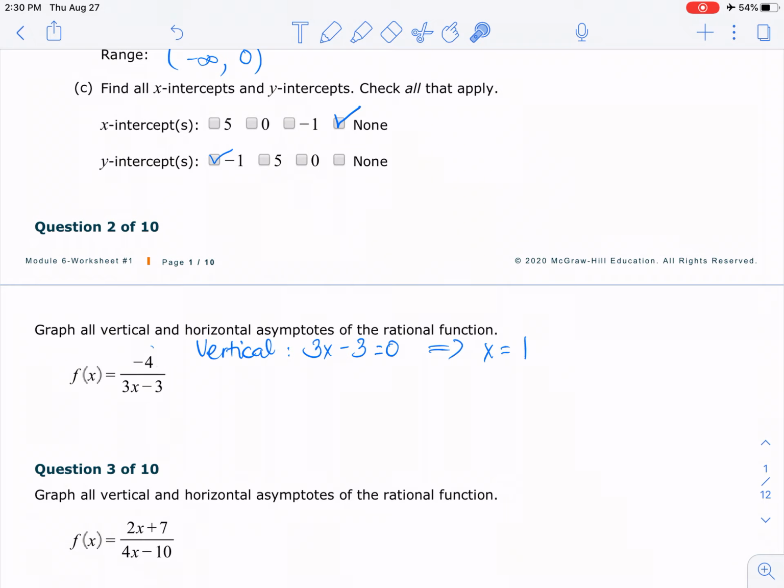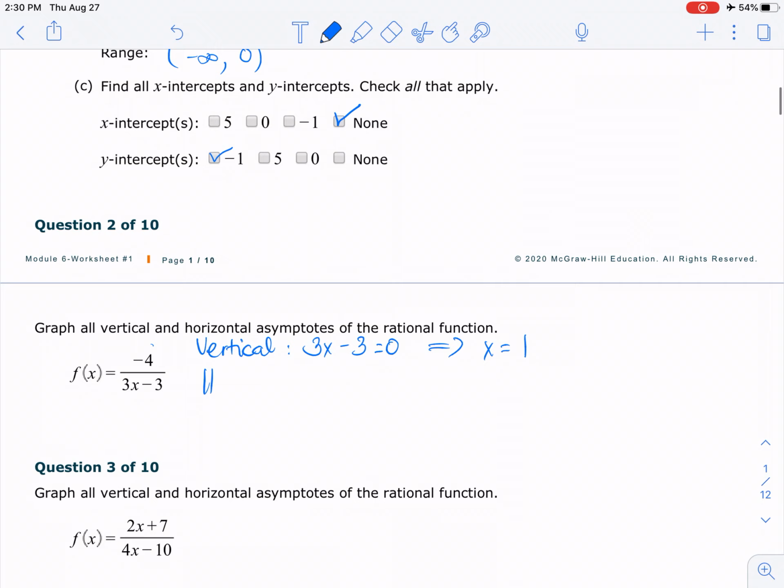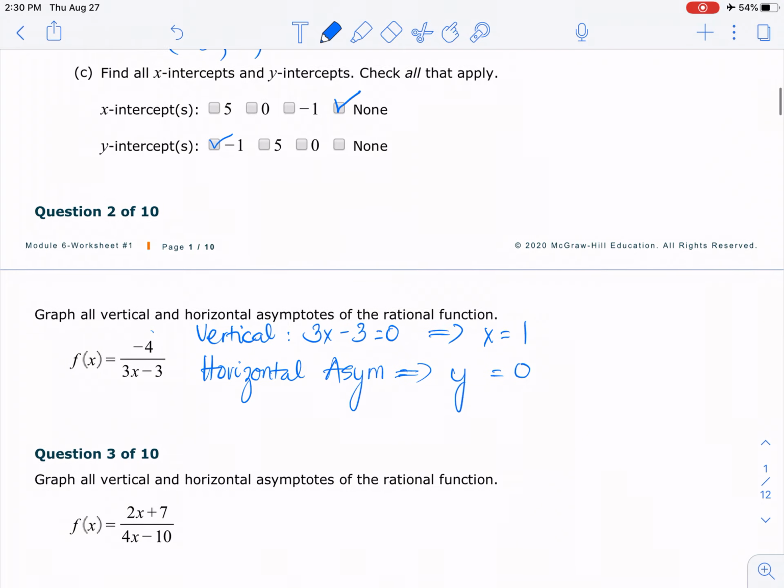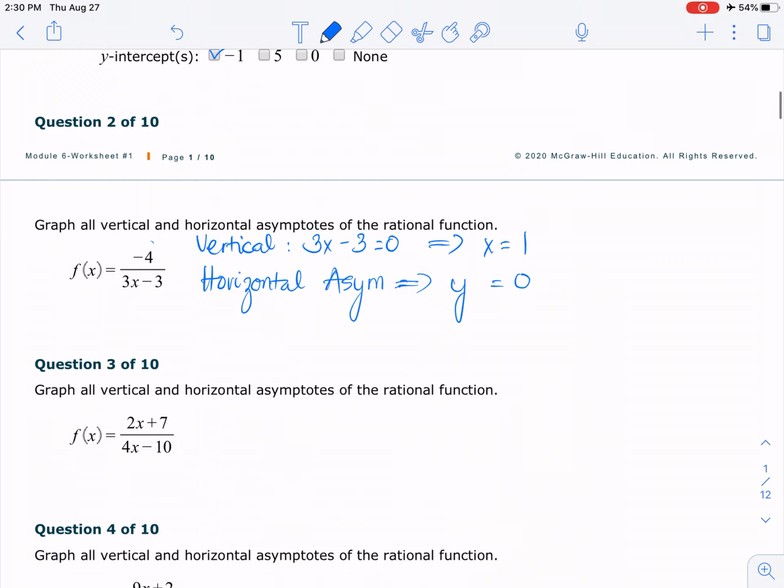That means the horizontal asymptote is going to be y equals 0, which is the x-axis. So every time the degree of the numerator is less than the degree of the denominator, we have y equals 0 as a horizontal asymptote.